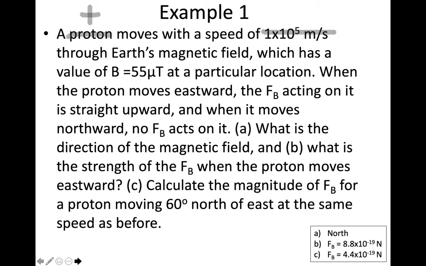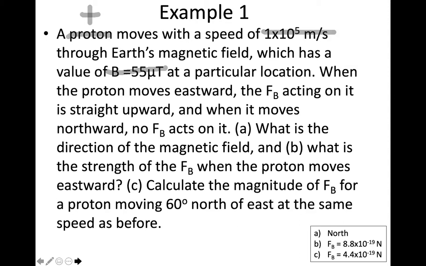Earth's magnetic field has a value of 55 microteslas at this particular location. The reason we specify that is because Earth's magnetic field fluctuates and changes in time and in space. So it's not a constant, but 55 microteslas is a pretty good working number for the average.